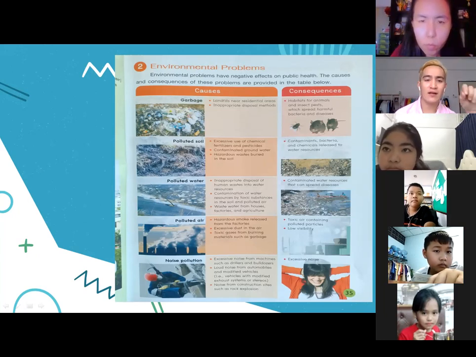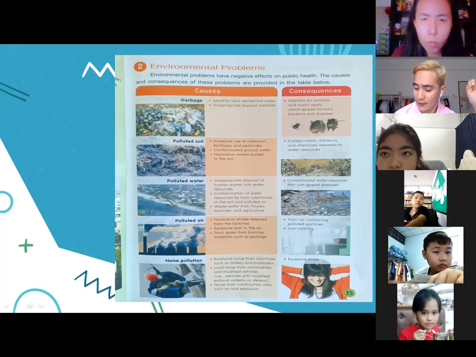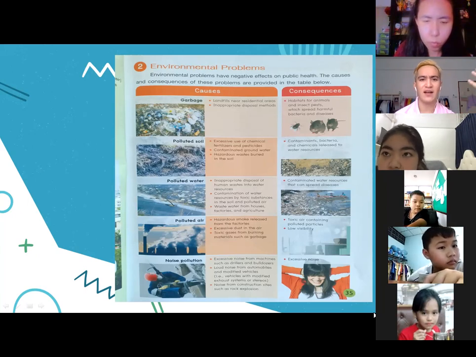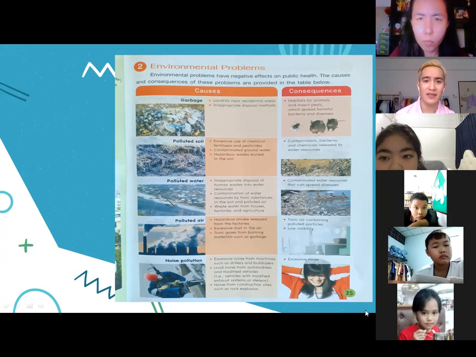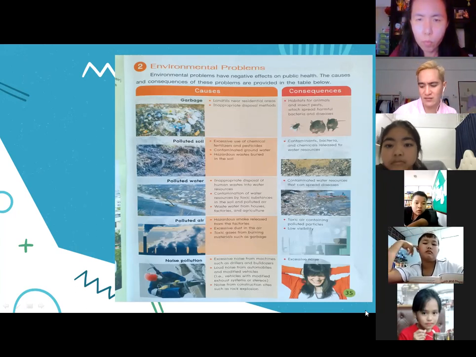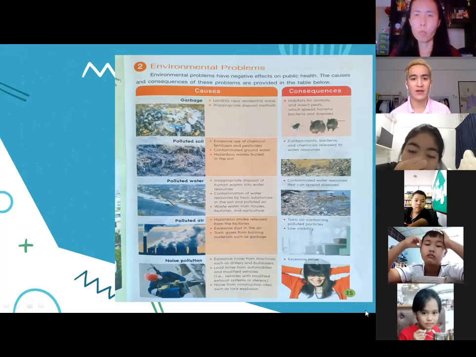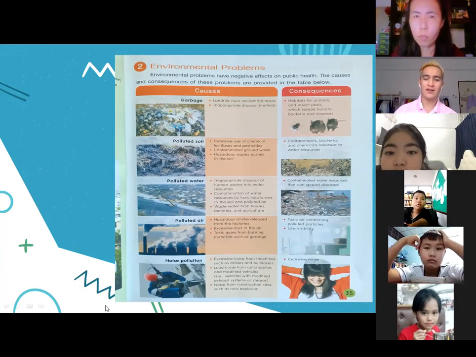These are some of the things that you can get from inappropriate disposal methods, or from having the garbage itself. We already know that garbage is very dirty. It's very harmful when you are not doing the appropriate things for your garbage. So that is the consequence, the habitats for animals. When we say habitats, they can live there. That is their home.